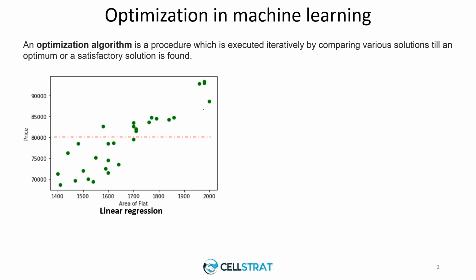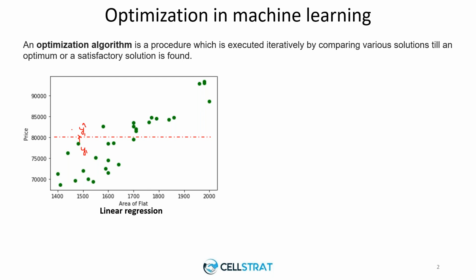Then it projects the y values onto the line which is drawn. This is the actual y, in green, and this is y predicted. It does this for all the data points, and the next step is to calculate the error. The error is nothing but the distance between the actual and the predicted.